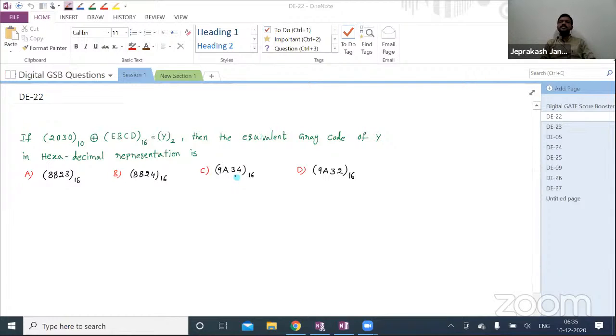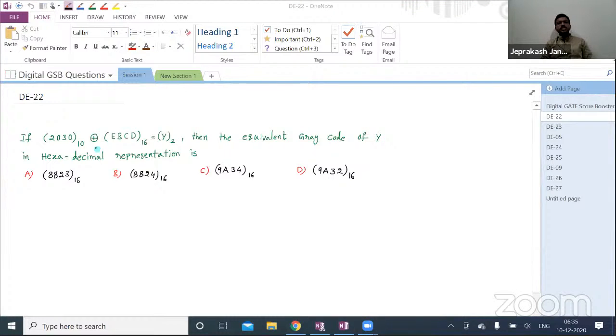Yes, number systems and codes. See, the first chapter title is number systems and codes. With the help of this question, we have covered all the concepts. Here you have a decimal number, hexadecimal, binary, and the answer is expected in hexadecimal, and in between there is gray code. So we are discussing number system conversions and gray code also.